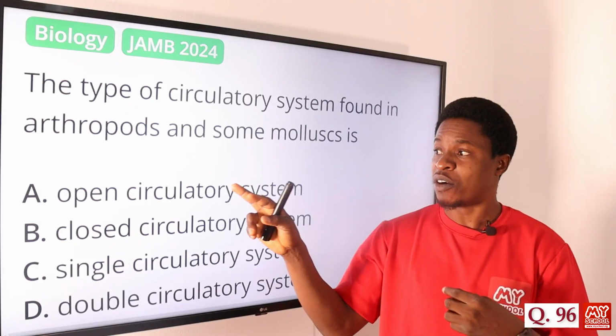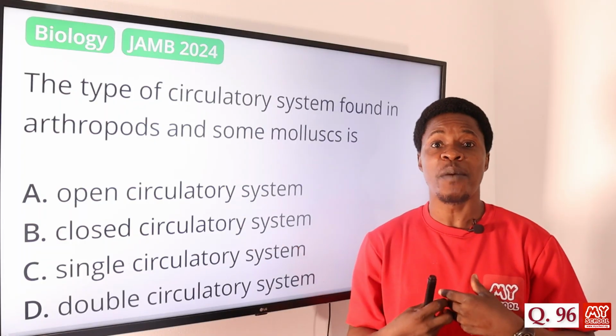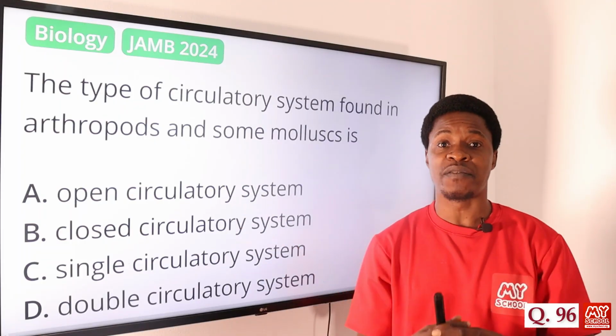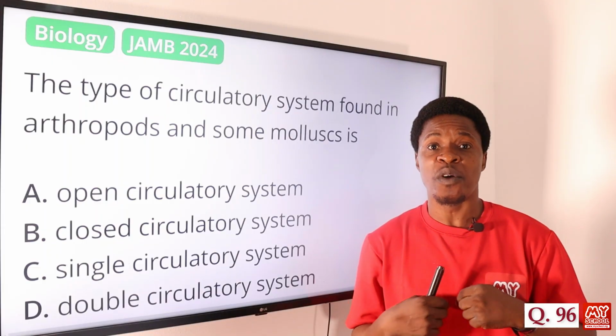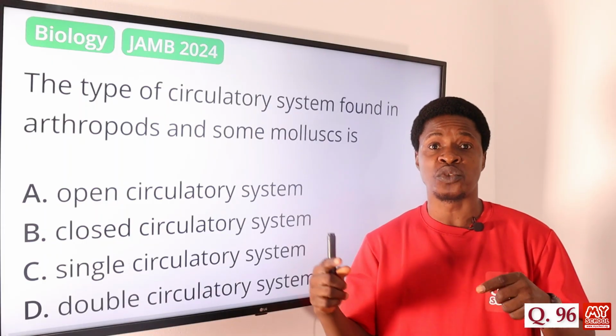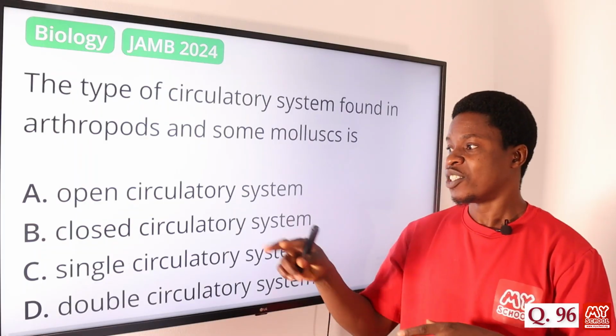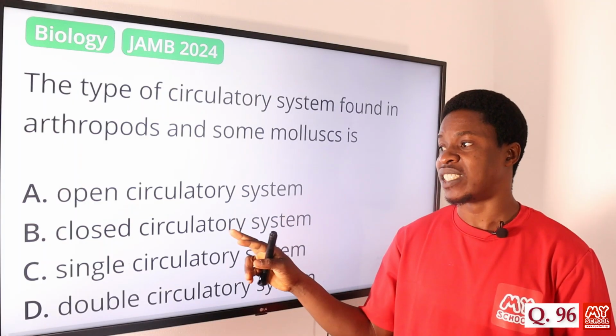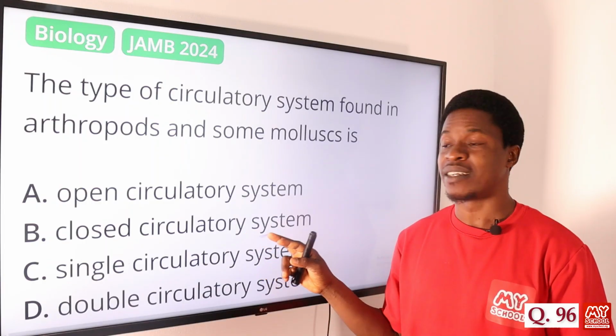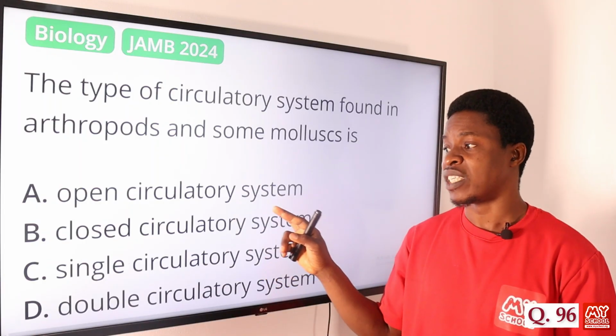Unlike the open system, the blood does not pump straight from the heart to the part of the body; it has to flow through tubes that are connected to each other. We can find this kind of system in all mammals, and the fishes also have it.